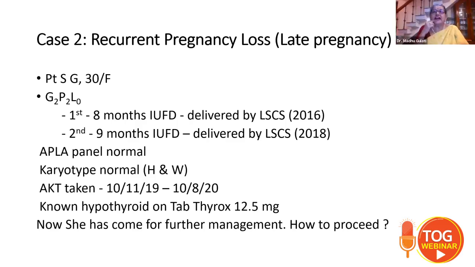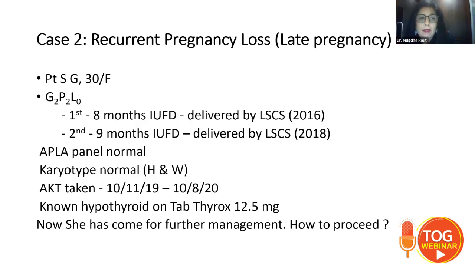So what do you basically advise for this patient? A routine, proper, good antenatal care or some specific tests? First we do these tests, we do the LIT therapy. I'm talking about this particular patient with late pregnancy loss. Her husband is coming back after 2 months.